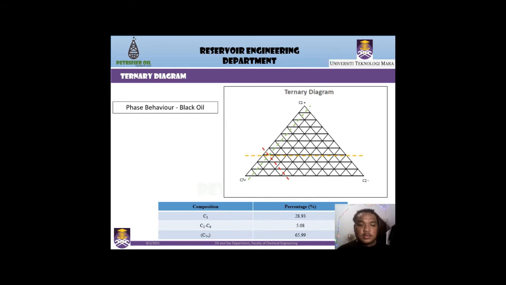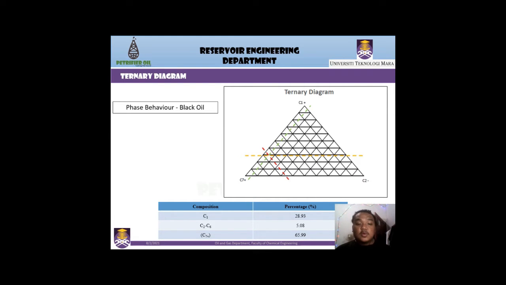Next, we move to the ternary diagram. It is a graphical representation of concentration in a system with three components. This ternary diagram will illustrate the phase behavior of the fluid in the reservoir. The composition of the gas in the reservoir is indicated by the ternary diagram using the mole percentage provided in the data given.